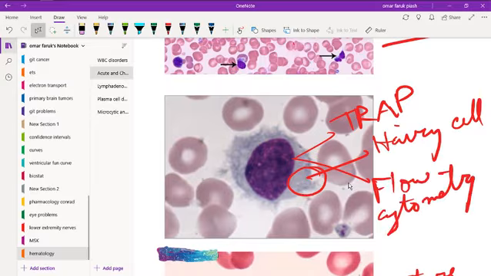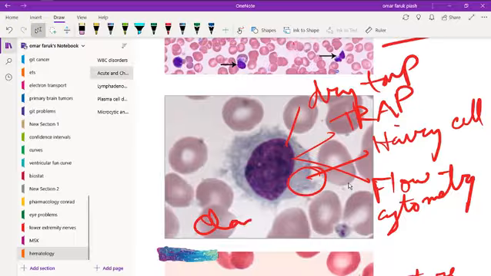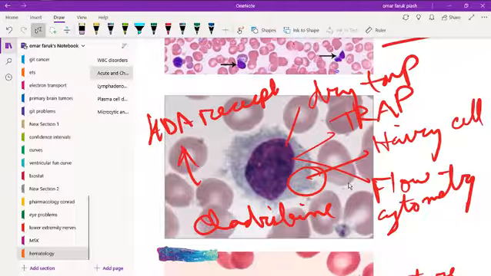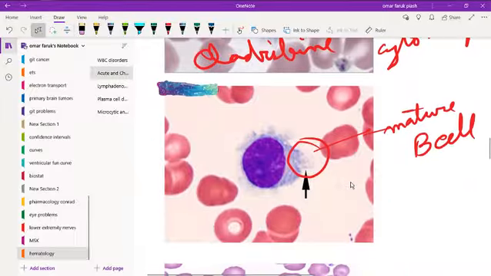Here there is a dry tap, and as a drug, cladribine, an adenosine deaminase inhibitor. These are the things you have to remember in this case. This is another picture of hairy cell leukemia.